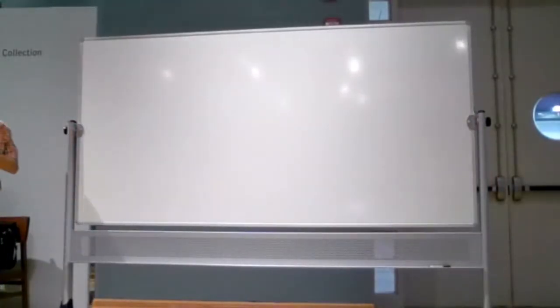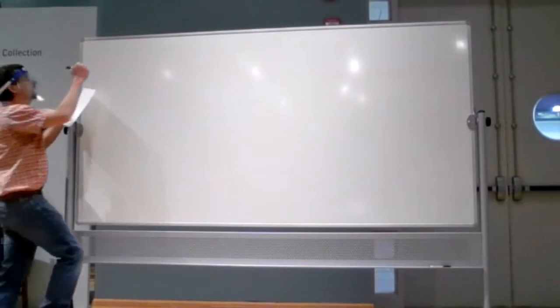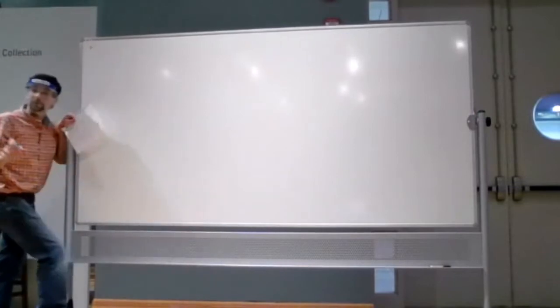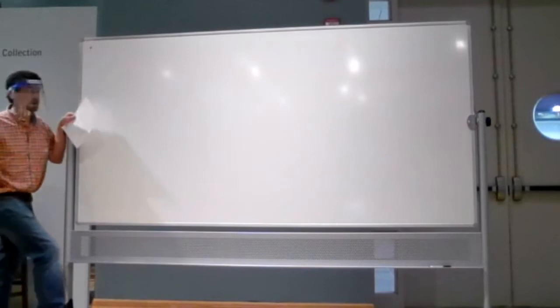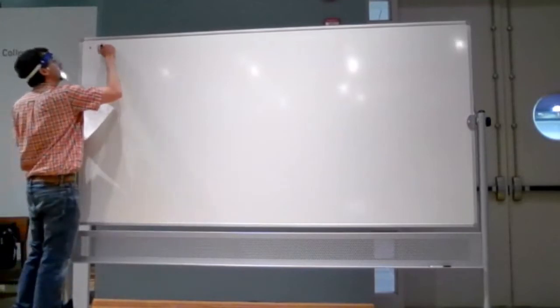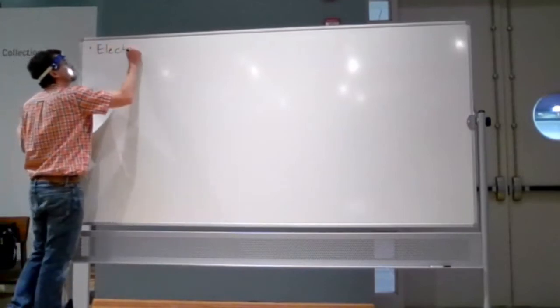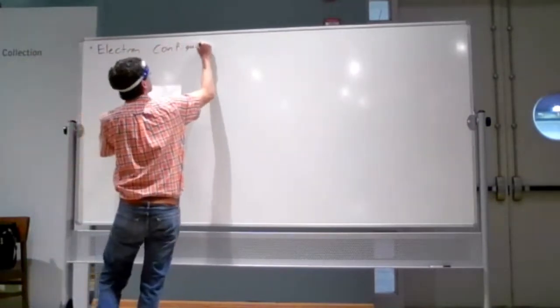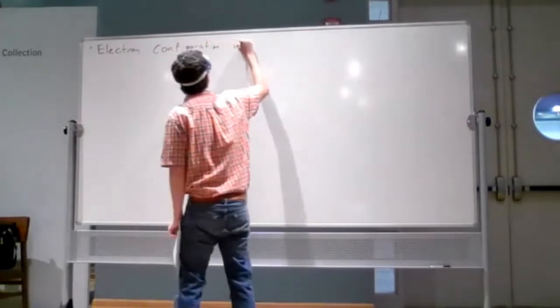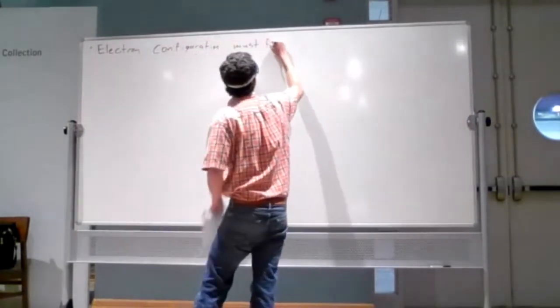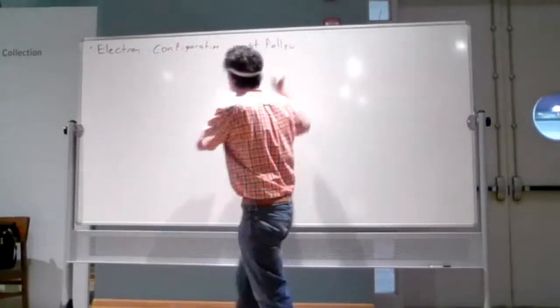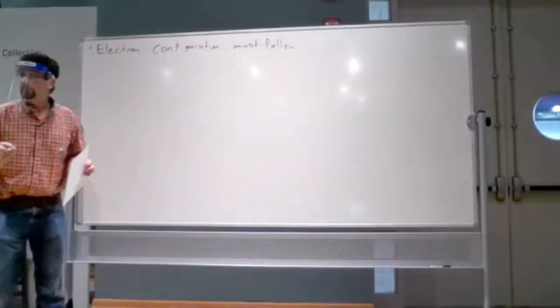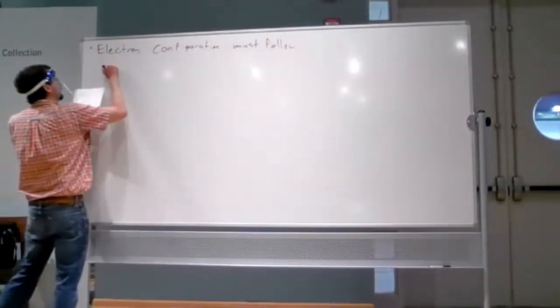Okay, so now to get to your question, we have a couple set of rules that I didn't exactly talk about. So electron configurations must follow the Pauli exclusion principle, number 1.